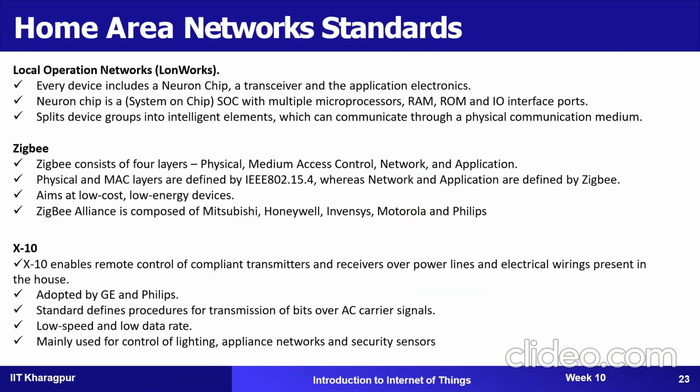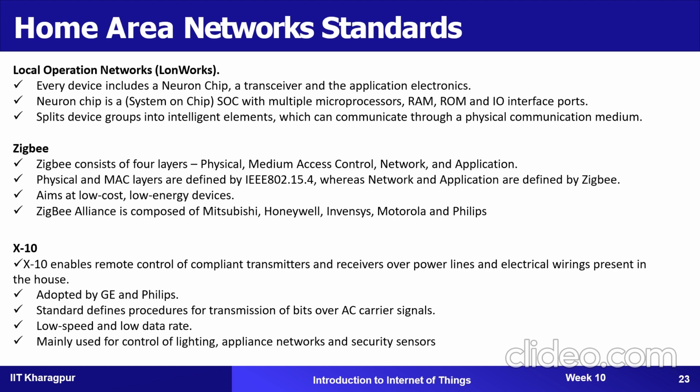Next is your Local Operating Network, that is your LonWorks. So every device includes a neuron chip, a transceiver and application electronics in your LonWorks. So basically three main components are there in LonWorks. First one is your neuron chip, second is your transceiver and third is your application electronics.